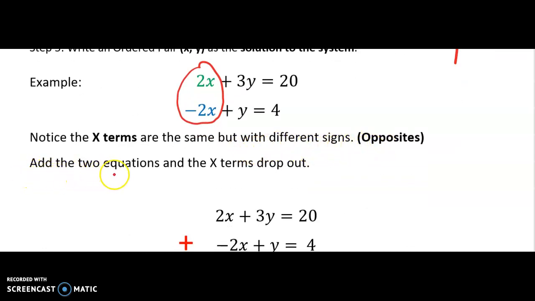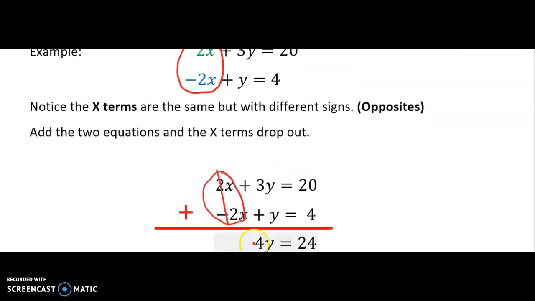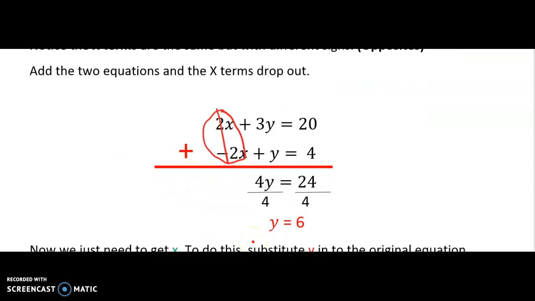Next, we're going to add the two equations and the x terms drop out. Remember, if you have a positive and a negative, then those eliminate each other. So a positive 2x and a negative 2x wipe out. We're going to line those up so that we can add.